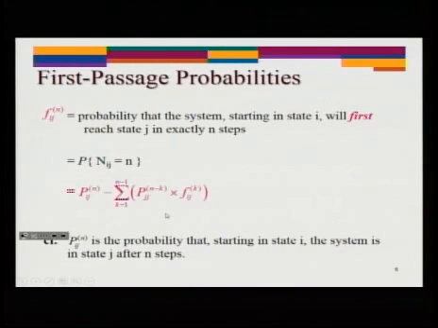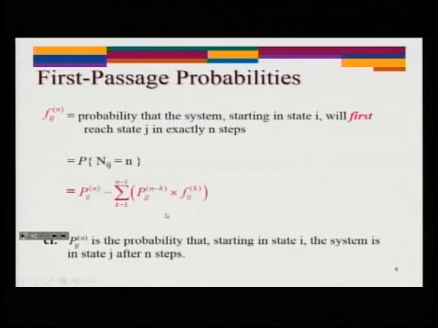And we also talked about first passage probabilities or first visit probabilities. Okay, that is the probability that the process starting from state i will first reach state j, or visit state j, in exactly n steps, in exactly n transitions.